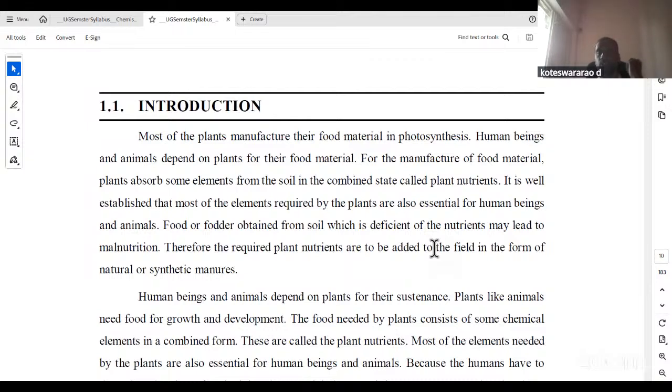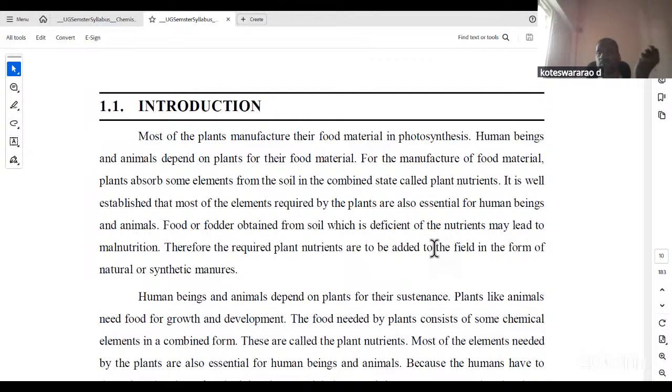That food can be manufactured by the plants on their own. Plants can manufacture their own food consisting of some chemical elements in combined form. That combined form may be salt or some compounds, right?